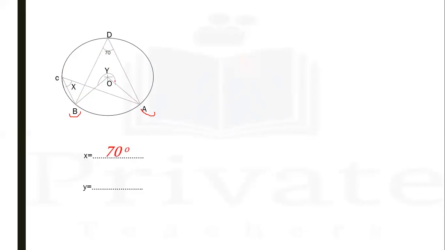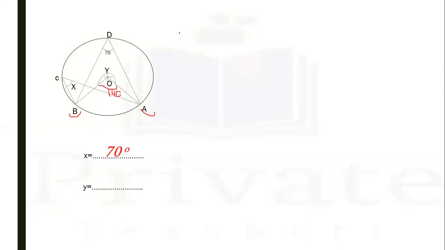And for y, it is the reflexive angle, not this angle. So the angle y is the reflexive angle here. If we make an angle here, it is a central angle also on A, B. It will be the central angle with the 70. Will be what? 140. Because the central angle, as we know, is the double of the circumferential angle that is made with it on the same arc.